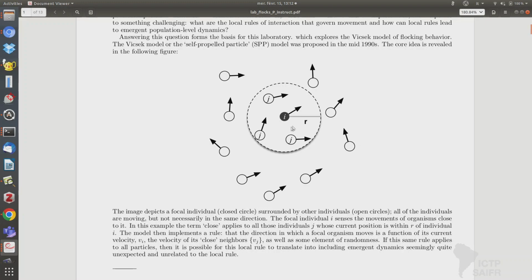And they reorient themselves based on the average of what the direction of their neighbors are. And the neighbors are defined via whichever other birds are within a radius r of the focal bird. And then you update the direction for each of the birds based on this rule, okay?